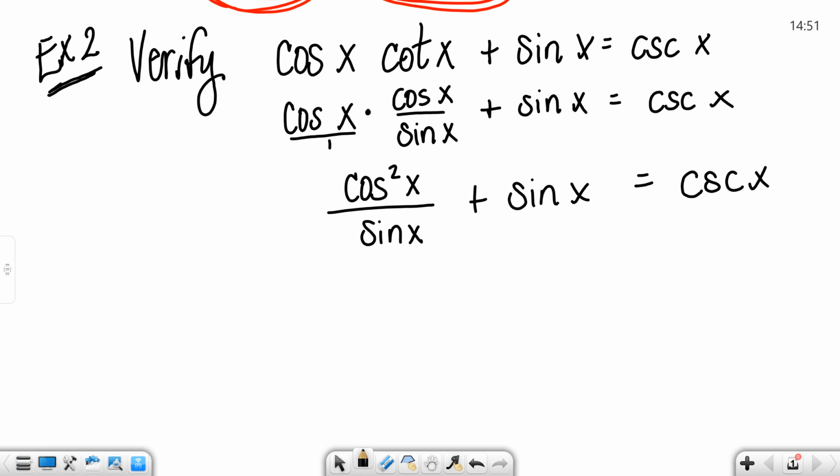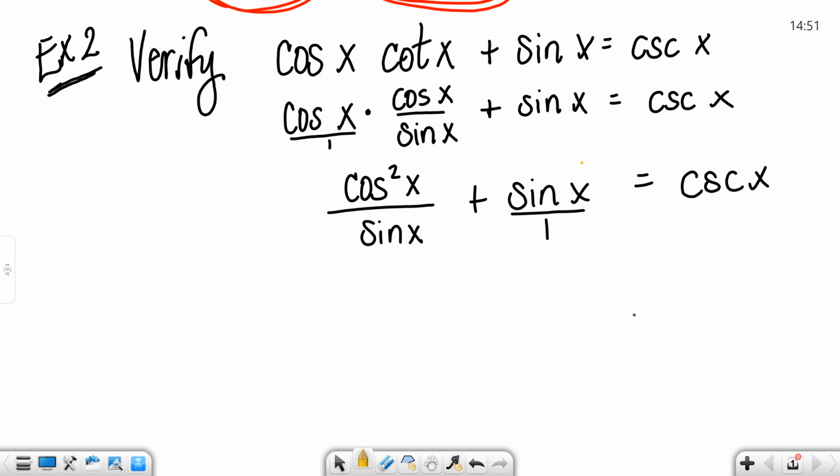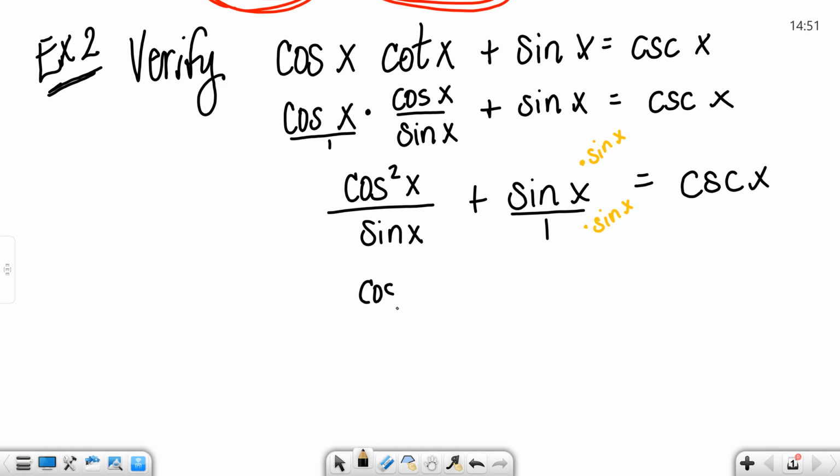In order to add these two on the left, I need a common denominator. To get it, I'm going to multiply the numerator and the denominator here by the sine of x. That gives me cosine squared x over sine x plus sine squared x over sine x.